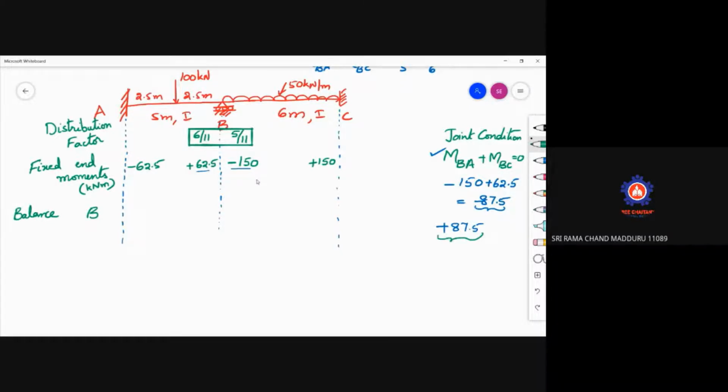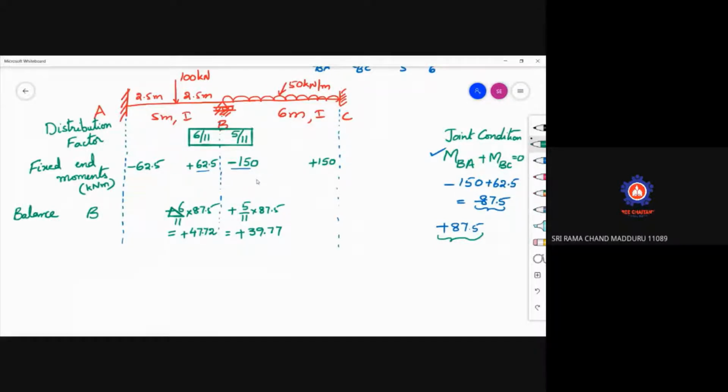So take it as positive 87.5 and multiply with the distribution factor. This will be plus 6 by 11 into 87.5, which is plus 47.72 kilonewton meter, whereas here this is plus 5 by 11 into 87.5, which is 39.77 kilonewton meter. So we balanced B.